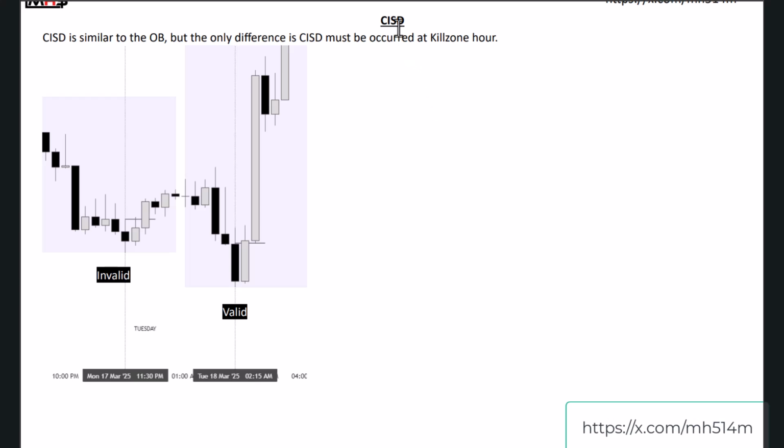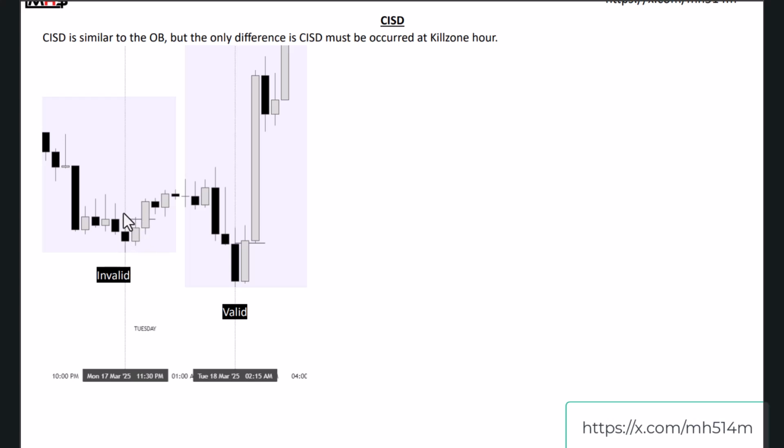Now we will talk about CISD, change in state of delivery. CISD is similar to the OB, but the only difference is CISD must occur at killzone hour. Here we can see this red candle purged at 11:30 p.m. This is not our valid killzone hour, and it engulfed.